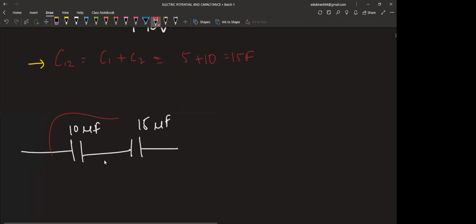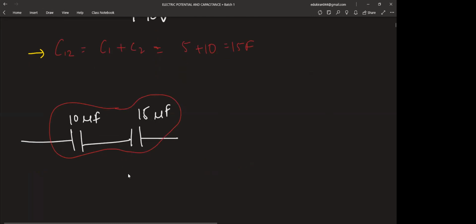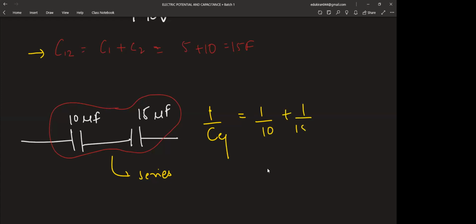Now you look at these two. What are these two? These two are now connected in series, right? So final C equivalent, this will be 1 by C equivalent, which is 1 by 10 plus 1 by 15.